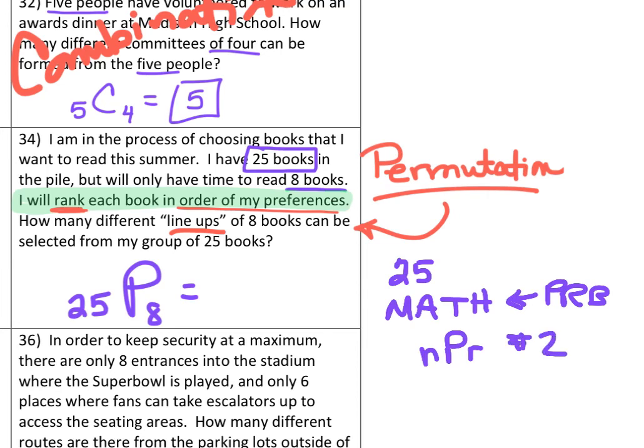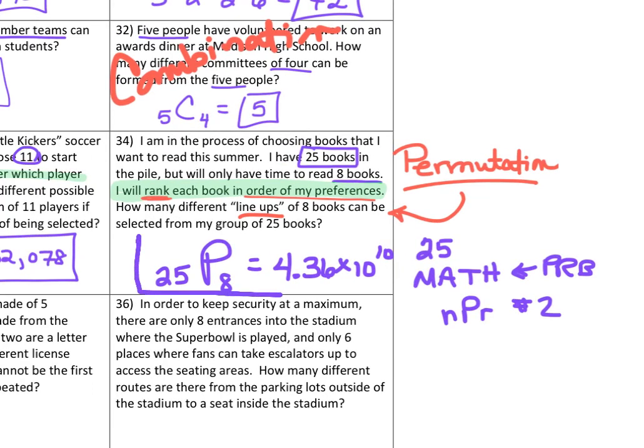And then it takes you back to your home screen, and you can type the 8 and then press enter, and that gives you some crazy massive number with an E in it, and that means 10 to the 10th power. So I'm not going to put any crazy thing on your test like that, but that's 4.36 times 10 to the 10th power.